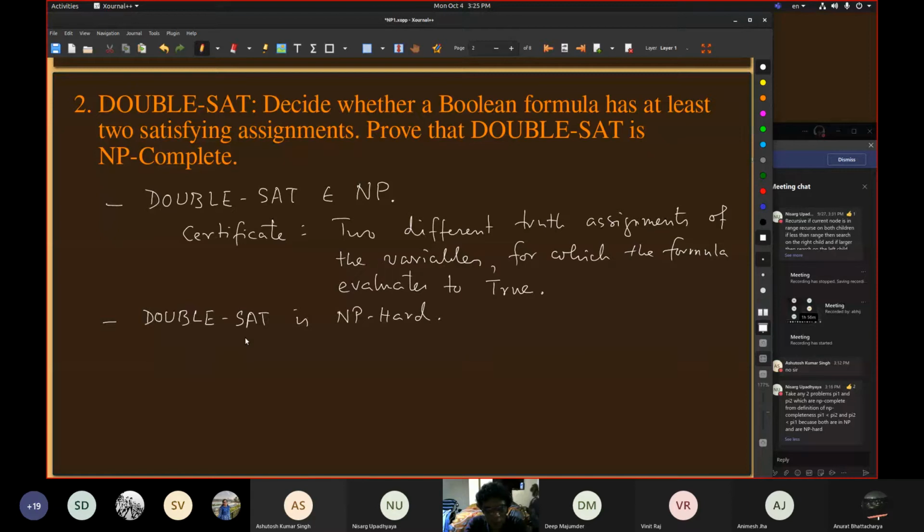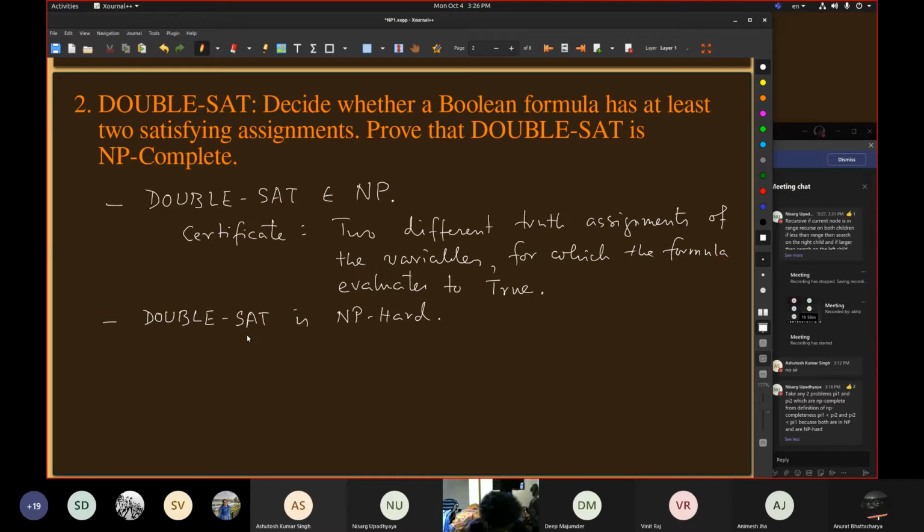Like SAT is NP complete, we have simply taken the result from Cook-Levin's paper. CNF SAT is NP complete, that is also something taken from the Cook-Levin paper, or papers, I would say. There are actually two papers. The second option is you make a reduction from one already known NP-complete problem to the new problem.